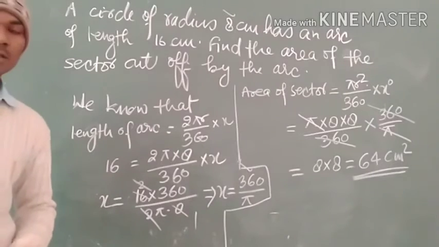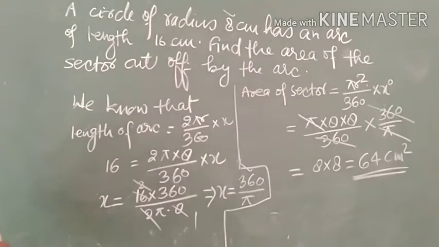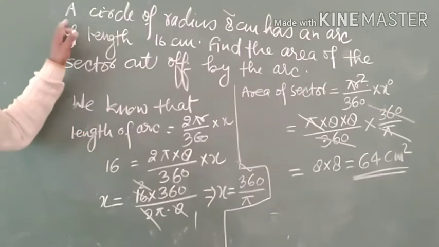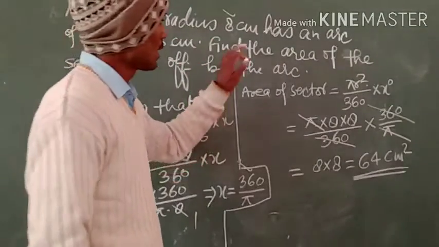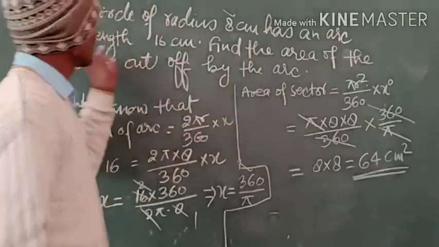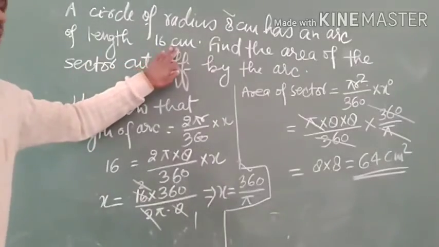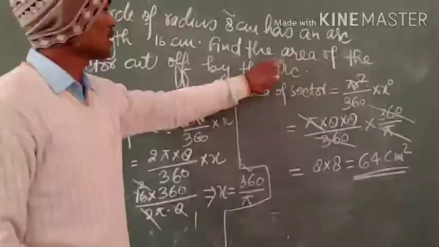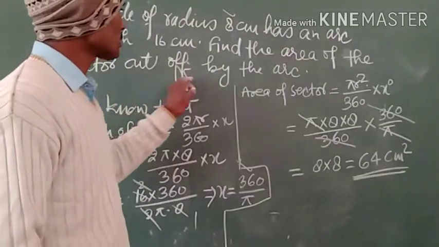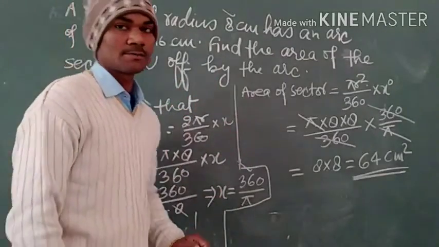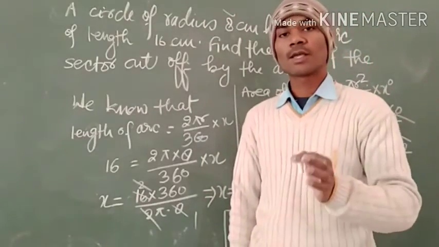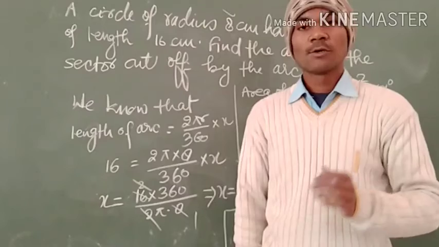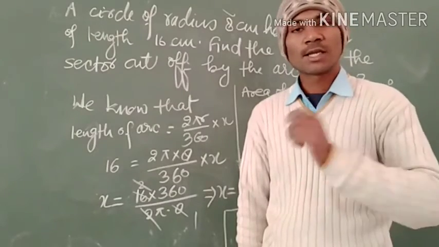Okay, I hope it is clear. Let us see the solution once again. So here the given question is a circle of radius 8 centimeter has an arc of length 16 centimeter. Then find the area of the sector cut off by the arc. Since we know that in order to find the area of the sector, we need the sector angle.